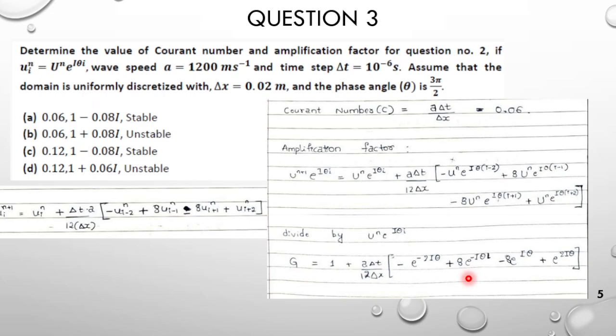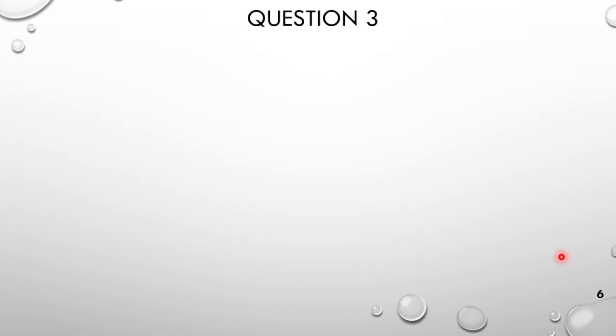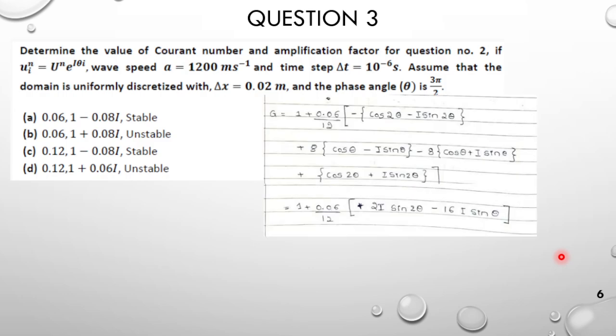If you substitute delta t by delta x, which is 0.06, which you have already calculated, and then expand these things, whatever e raised to minus 2i theta, using cos plus sine, you finally get g equal to 1 plus 0.08. Now this you can anyway calculate independently. What I want you to tell me here is whether this solution will be stable or not. Can you write down in the chat box?